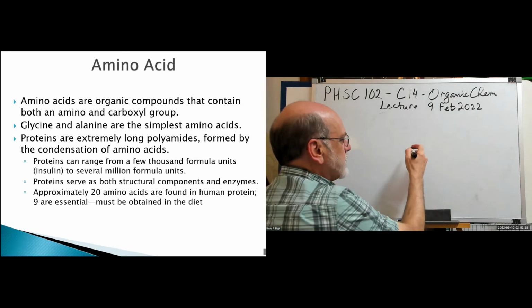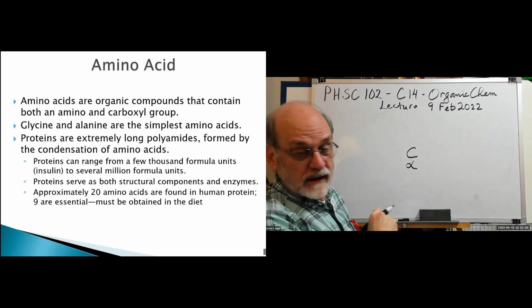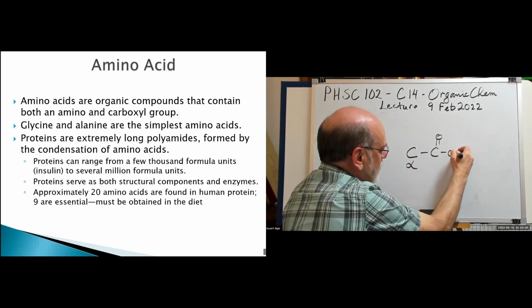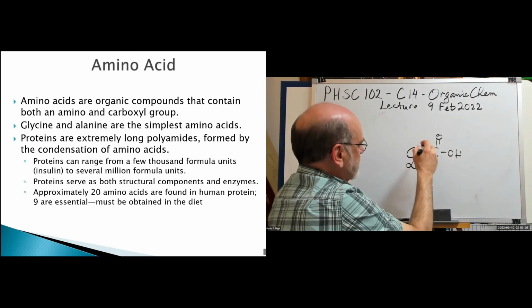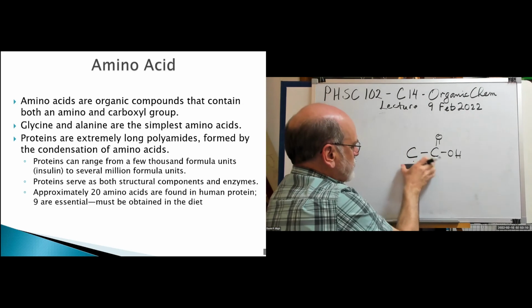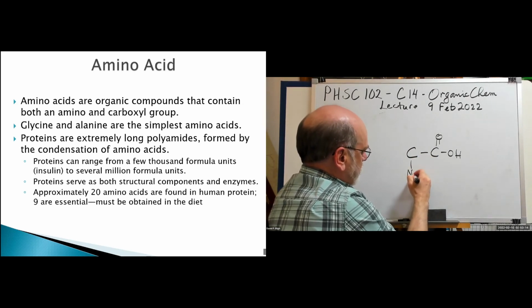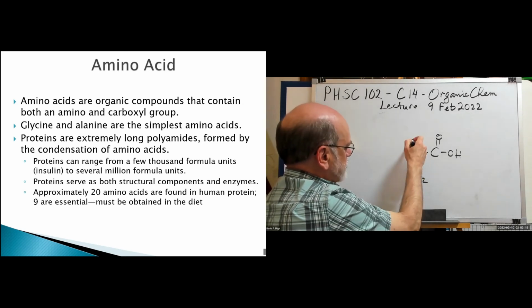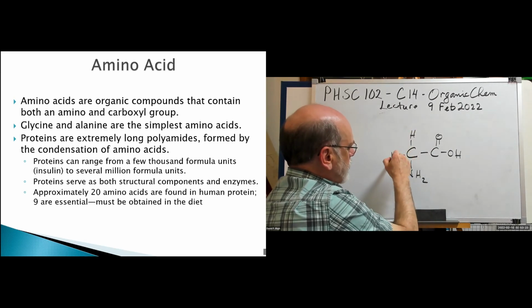So if you have a central carbon here, which is called the alpha carbon, and you put a carboxylic acid on this side and an amine down here, we need a hydrogen here, and then we have an R group there.